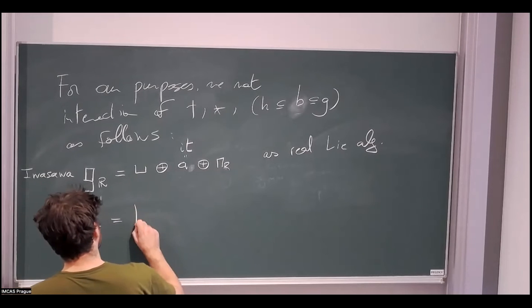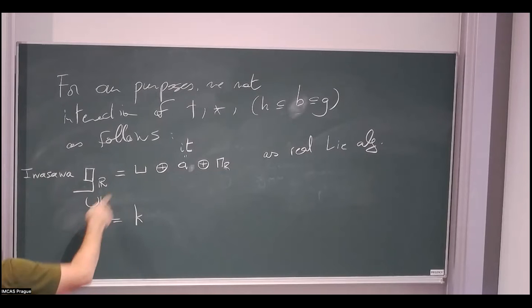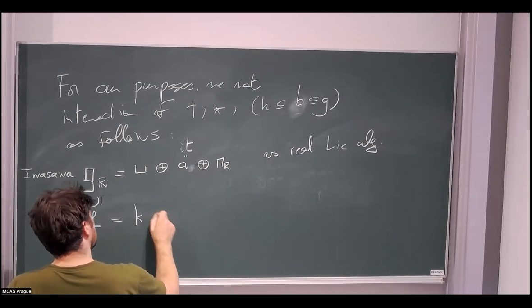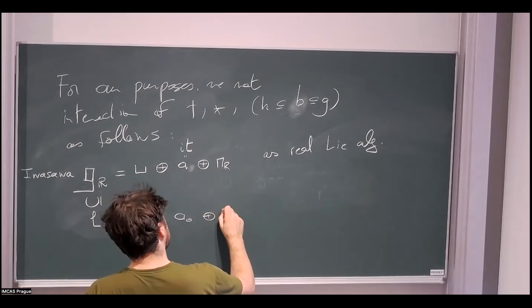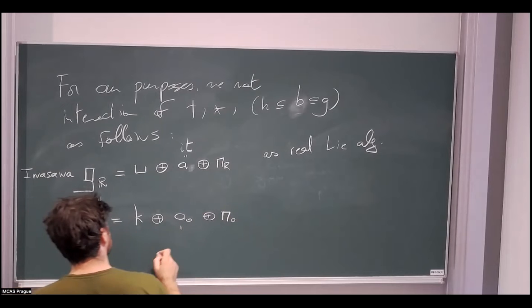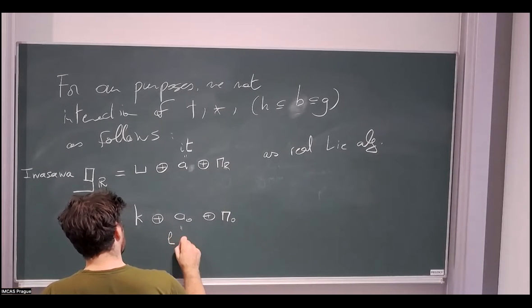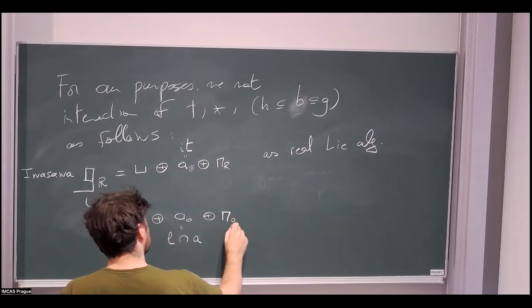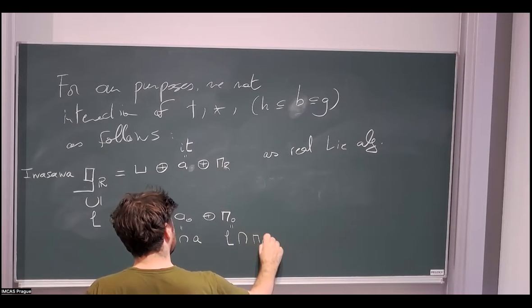So I want this to be the Lie algebra of the intersection of L and U. I already know this is my K, this is my maximal compact part of L, but then also the other parts need to be preserved. So I basically have this decomposition where this is the intersection of L with A, and where this is the intersection of L with N.